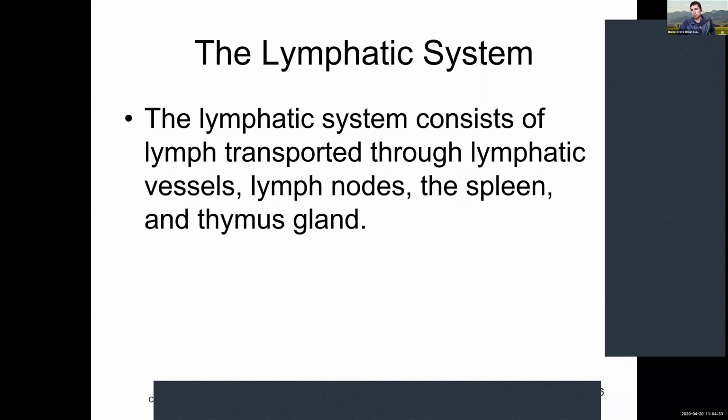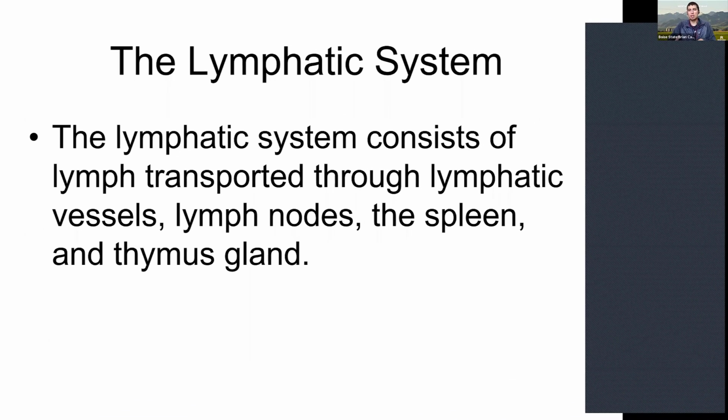If you're trying to keep the cardiovascular system, blood, and the lymphatic and immune systems straight, there are some similarities, but the lymphatic system is not sending blood around the system, but instead it's sending lymph.